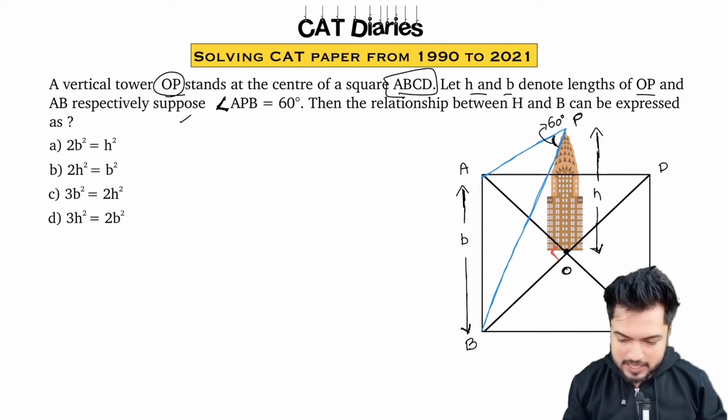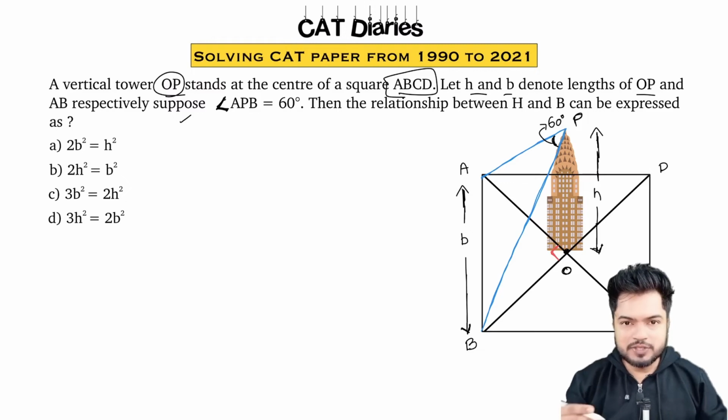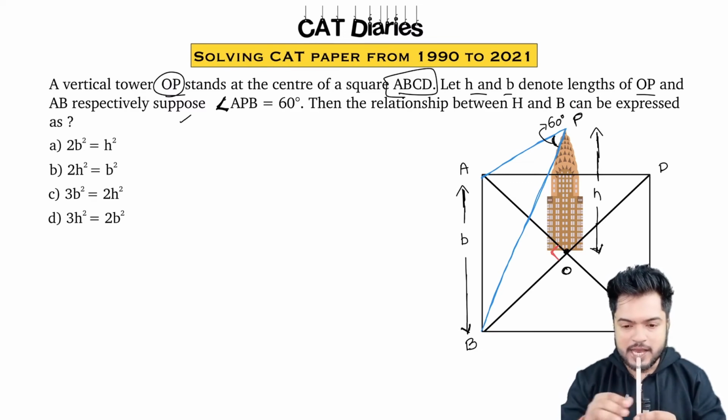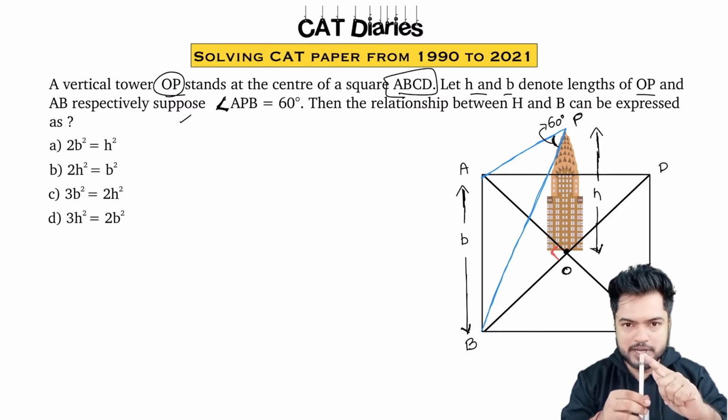So from this I understand that this angle is 60. From this I get one more thing. Imagine there is a tower at the center, and you bring one rope from here, which is tied like this, and you bring the other rope here, which is tied like this. The length of both has to be equal, right? Because the tower is at the center.